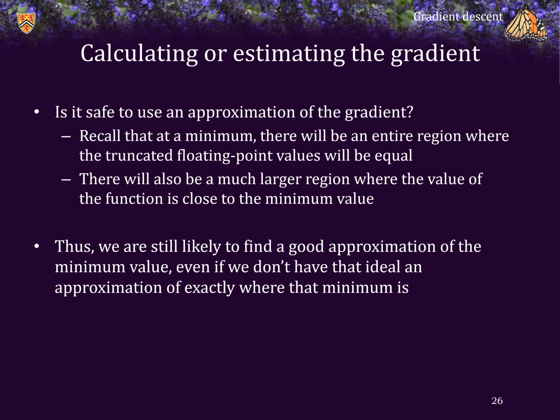Thus, we are still going to very likely find a good approximation of the minimum value, even if we don't necessarily have an ideal approximation as to where the actual minimum is. So if we just want to find the minimum value, these techniques should work.